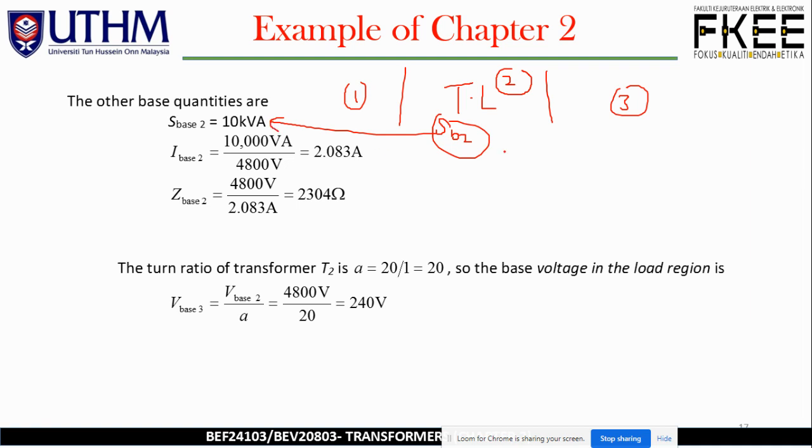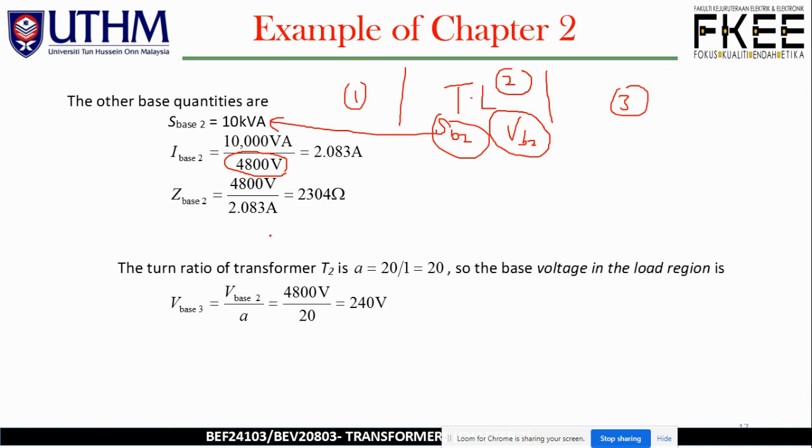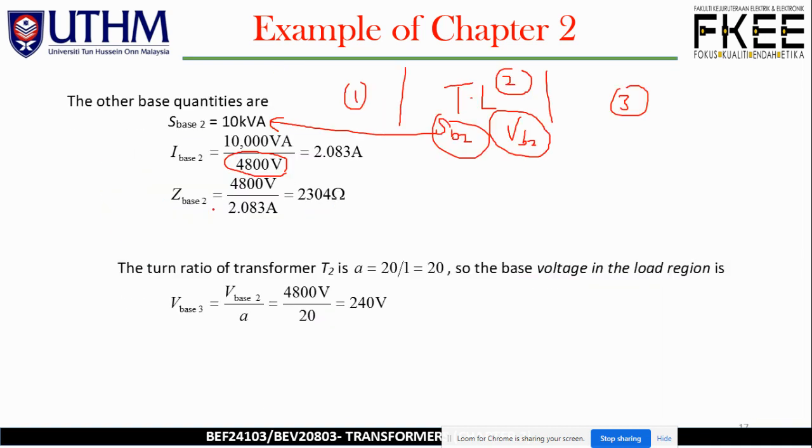What about the value of V base 2, the second base voltage? It is taken from the V we just calculated, 4,800 volt.